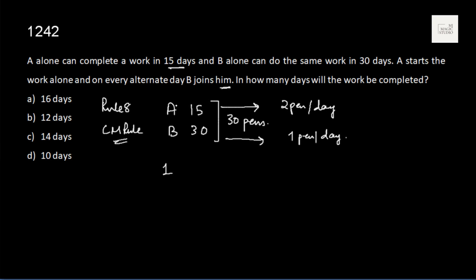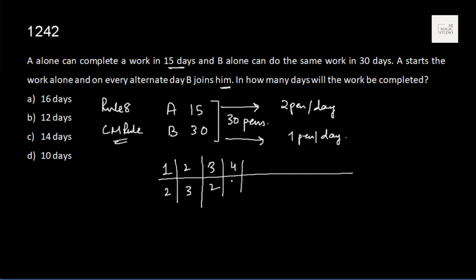So what is happening on the first day? On the first day only A is working, so 2 units are produced. On the second day, he is joined by B. That means on the second day and every second day, 2 plus 1, 3 pens are produced. Similarly, on the third day 2 pens, fourth day 3 pens, and so on.